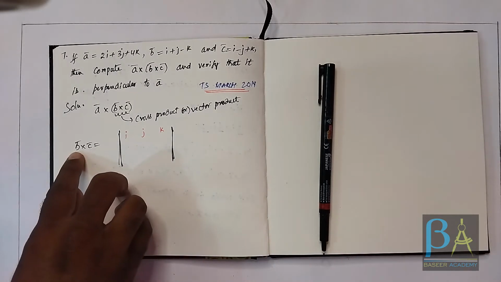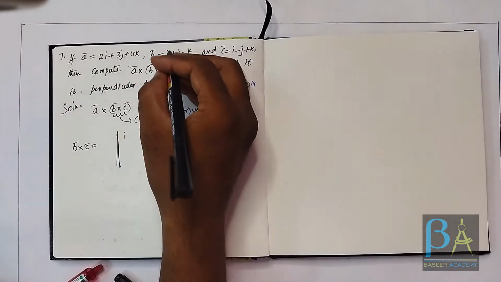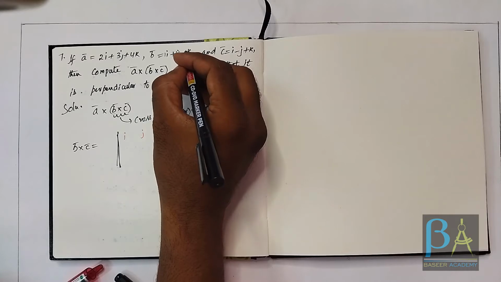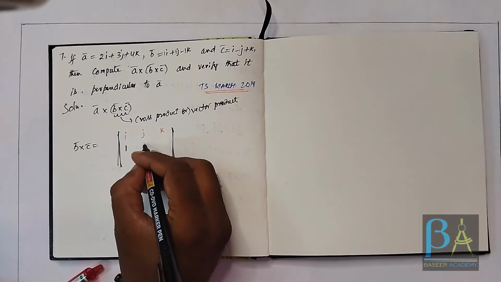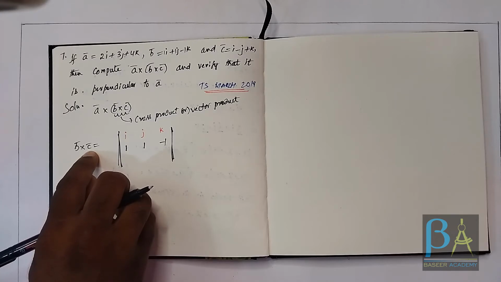In the second row you are going to write the coefficients of vector B. The coefficients of vector B are 1, 1 and minus 1. So let's write that, 1, 1 and minus 1. And then the coefficients of vector C.